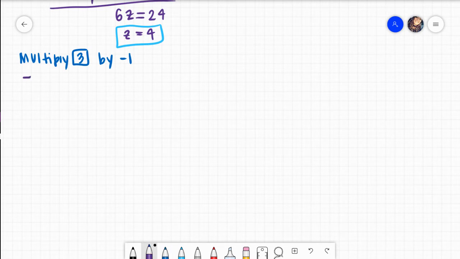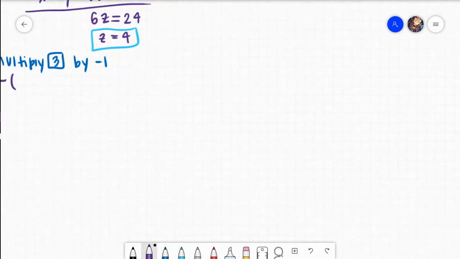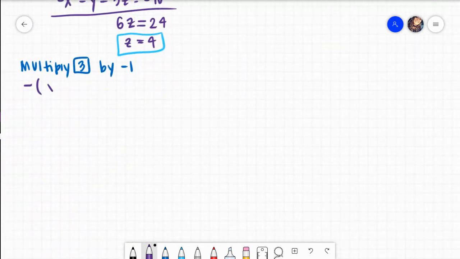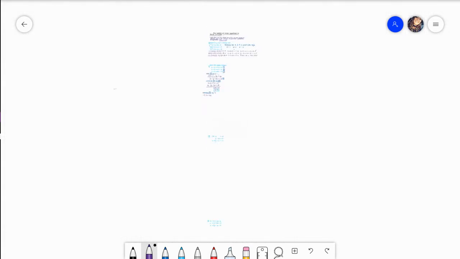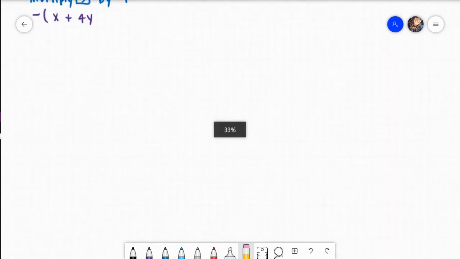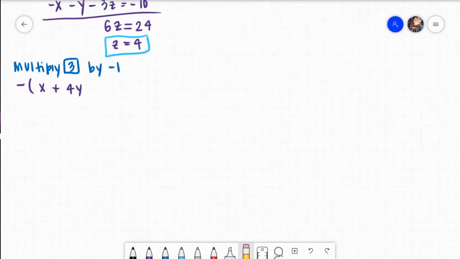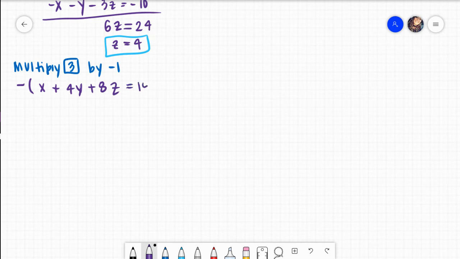So we're going to have negative times, well, equation 3 is x plus 4y, positive 4y, and then we have a positive 8z, my bad. And then we have an equal 15.